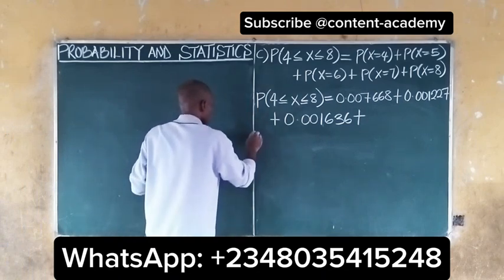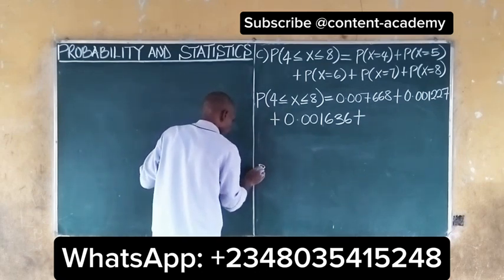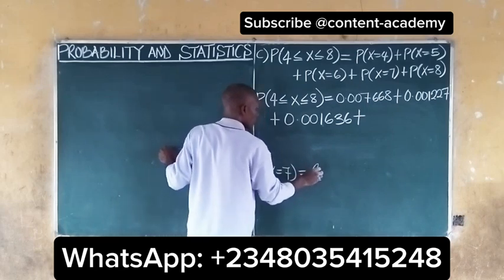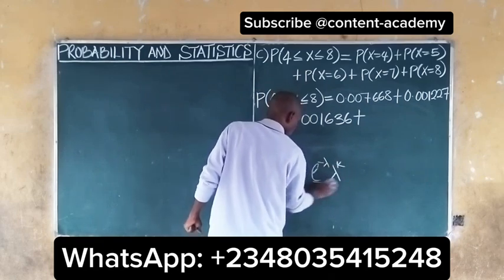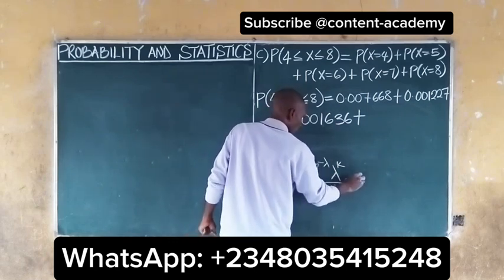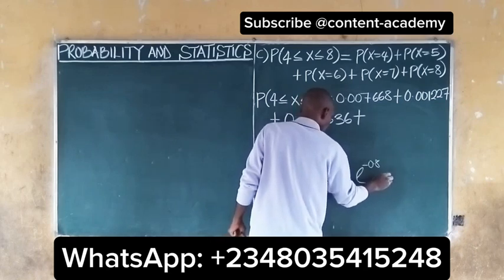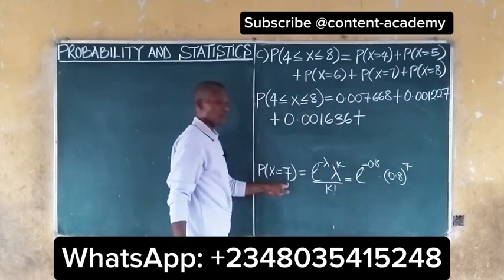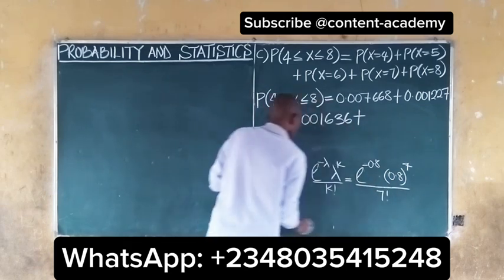Now, let's go here. P(x = 7) is equal to exponential negative lambda, lambda raised to the power of k all over k factorial, which is equal to exponential negative 0.8 multiplied by 0.8 raised to the power of, this time is 7 because we have 7 here, all over 7 factorial.